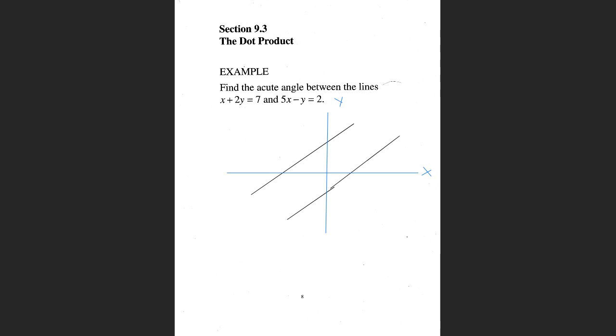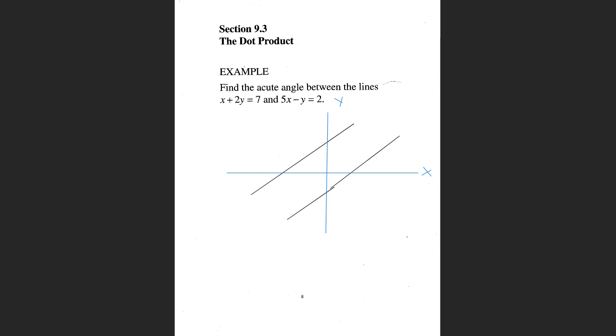Do the two lines have the same slope? Those two black lines? Yes, they do, because those lines are parallel, right? Do the two lines have the same y-intercepts? No, they're not. So what determines the direction of a line is its slope.